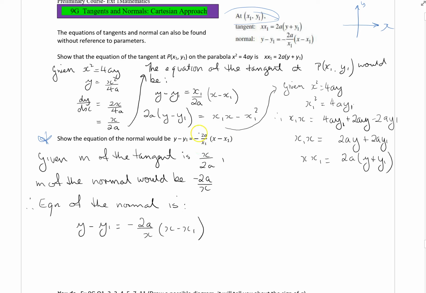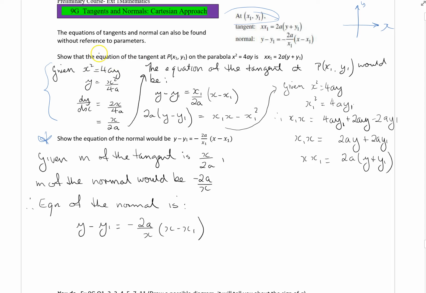The only thing I need to do is show you why the gradient is minus 2a on x1. So I have to show you how to get an expression for the gradient for the tangent.